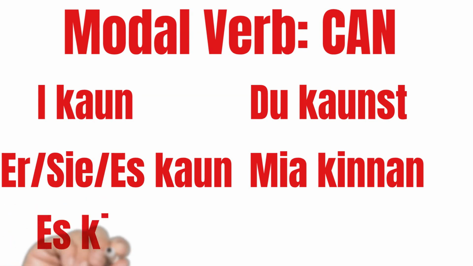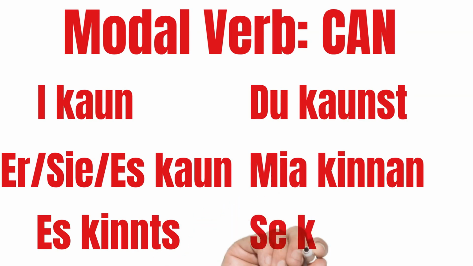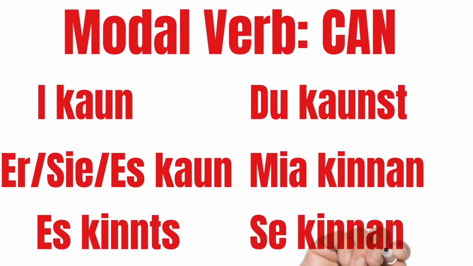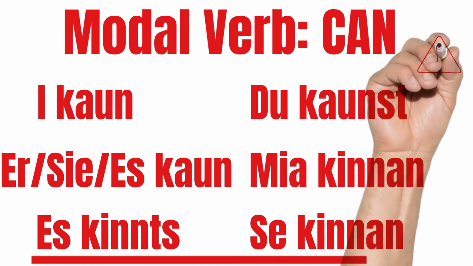Es kinds, you can, plural. Sie können, they can. So we can see that in Austrian German it is much more difficult to use the modal verb can than in English. In Tyrol and Vorarlberg you may often hear kannst.